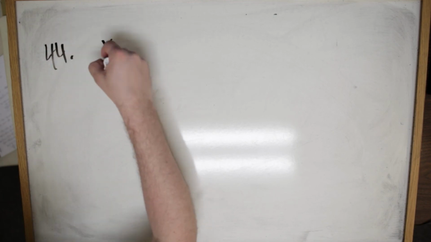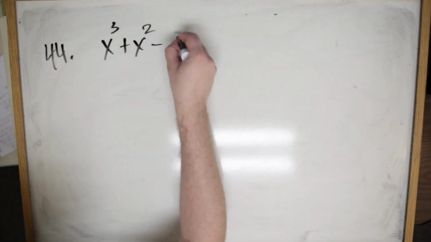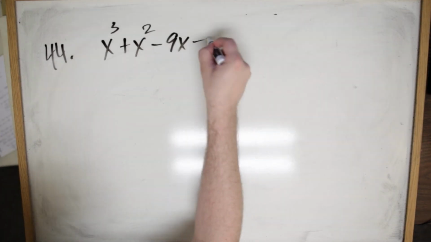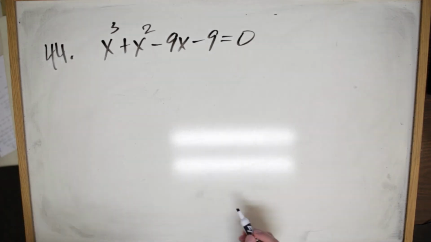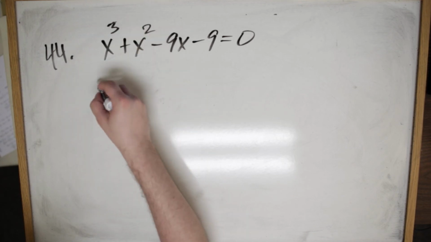So here we're given x cubed plus x squared minus 9x minus 9 is equal to 0. Okay. So this is going back a few sections, but we're going to rewrite it out.